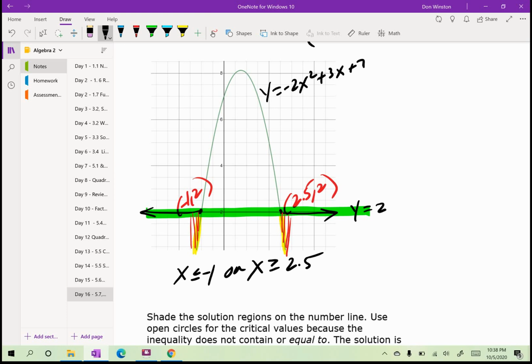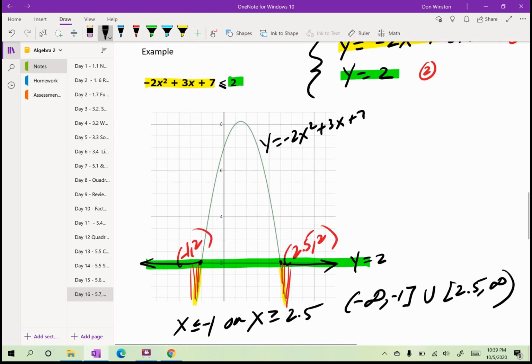In interval notation, it would be from -infinity to -1 closed, or from 2.5 to infinity. Again, the y value for the parabola is always less than or equal to the line y is equal to 2 as long as x is greater than or equal to 2.5 or x is less than or equal to -1.